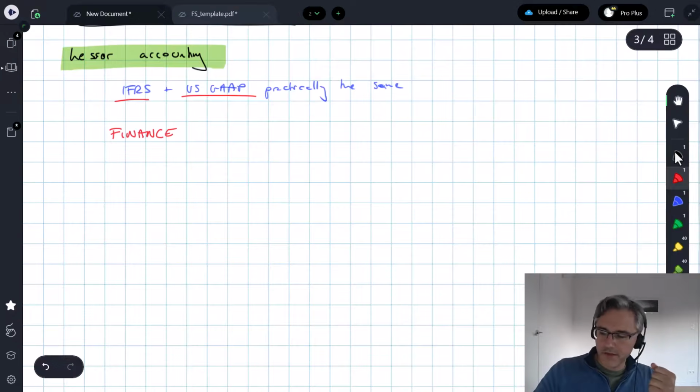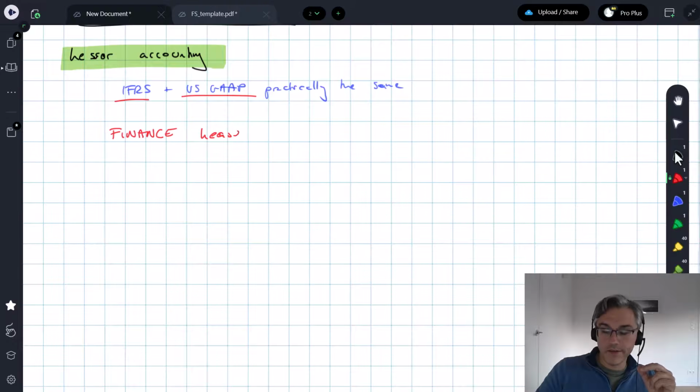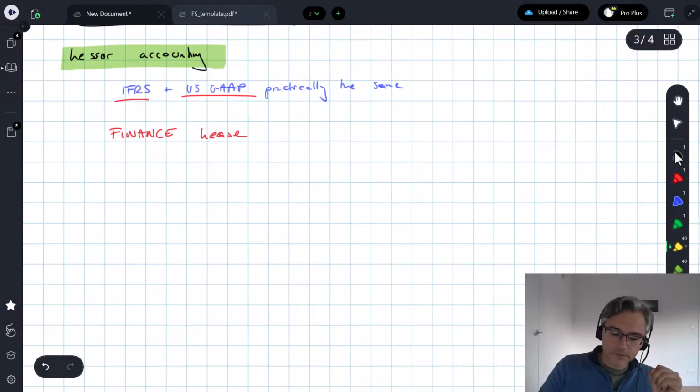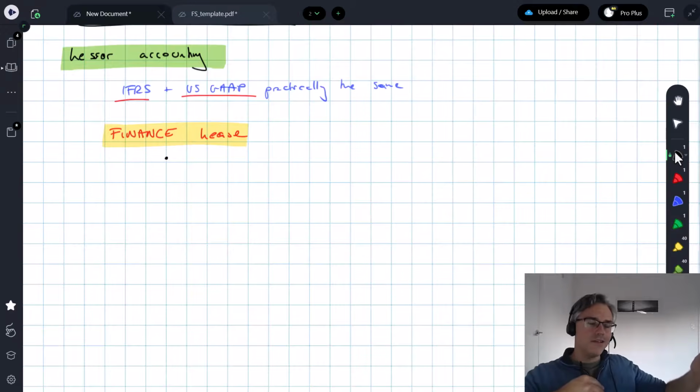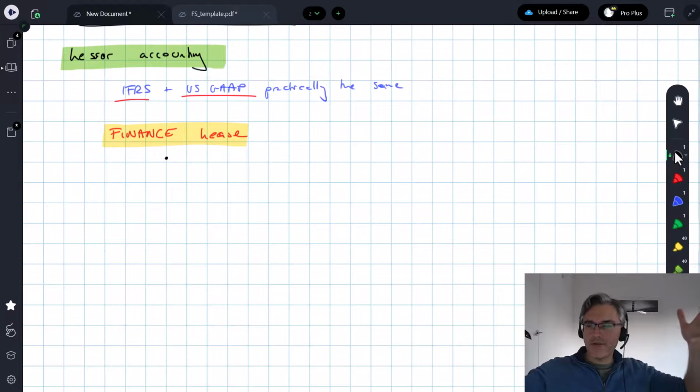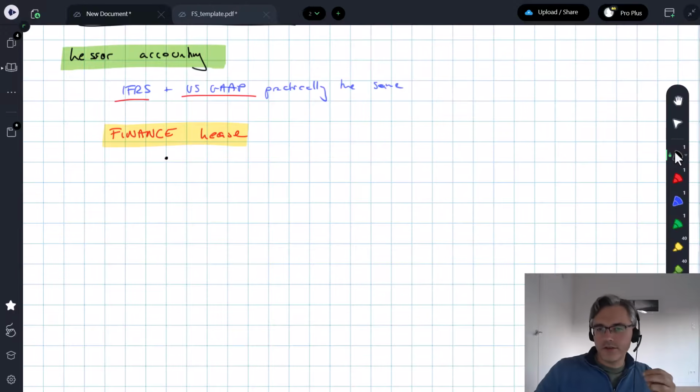From the perspective of the lessor, it does matter whether you've got yourself a finance lease or an operating lease. So, if it's a finance lease, it means that the other side, the lessee, should recognize the right of use asset in their balance sheet.